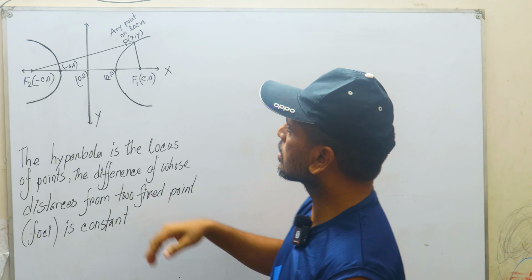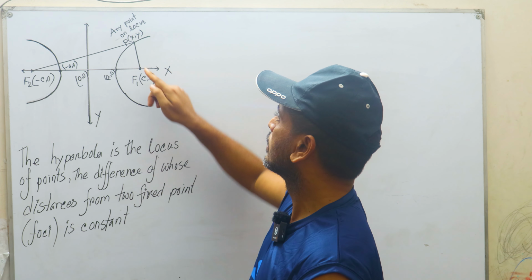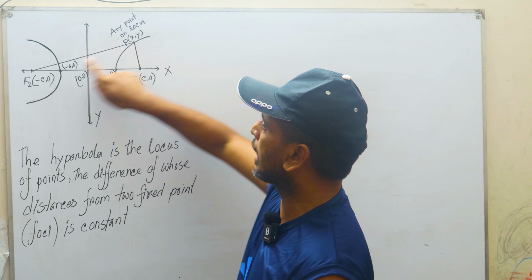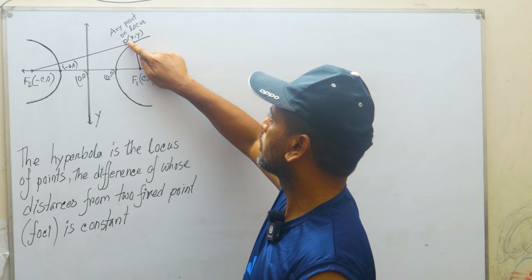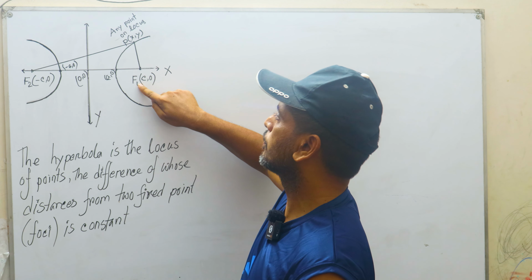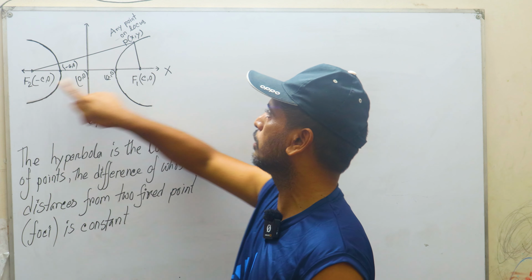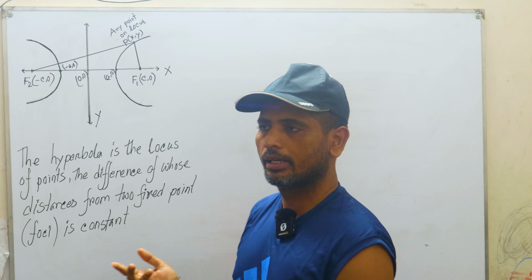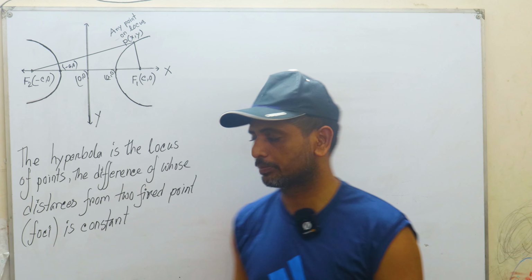So the difference of distances, that means the distance PF2 and PF1, is constant.